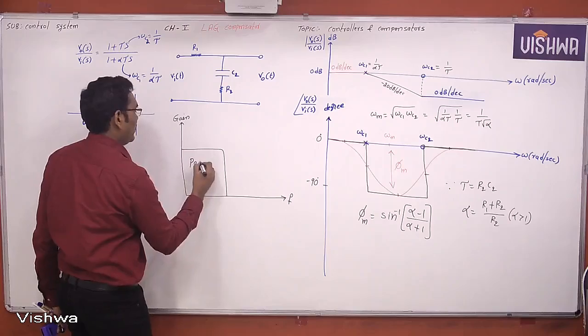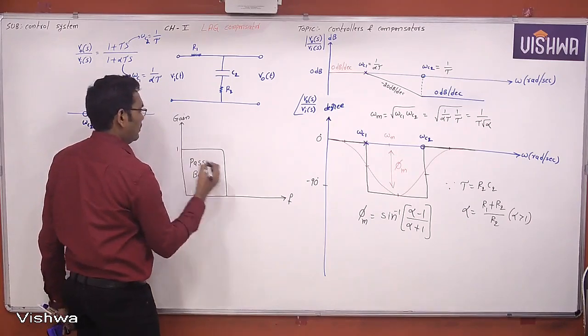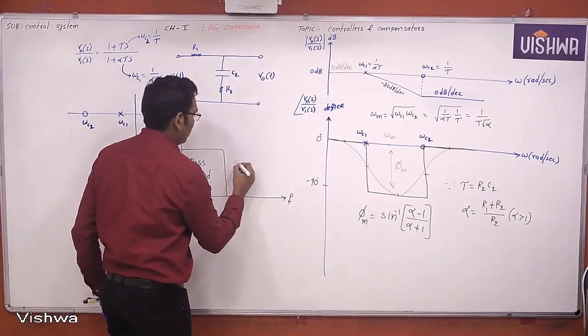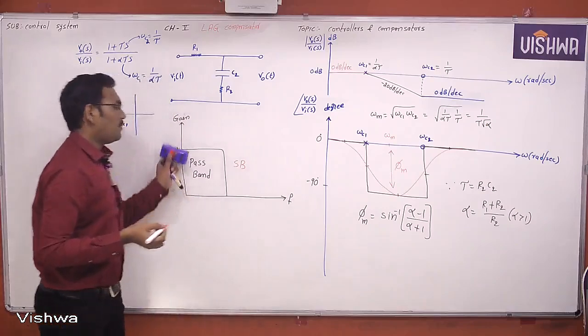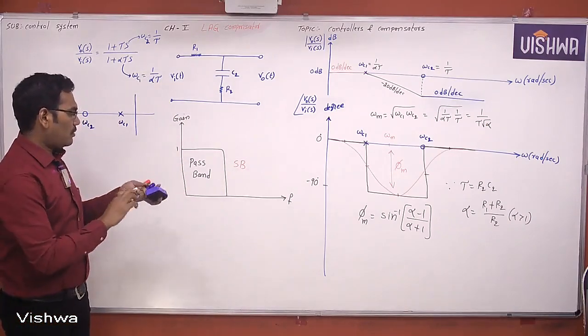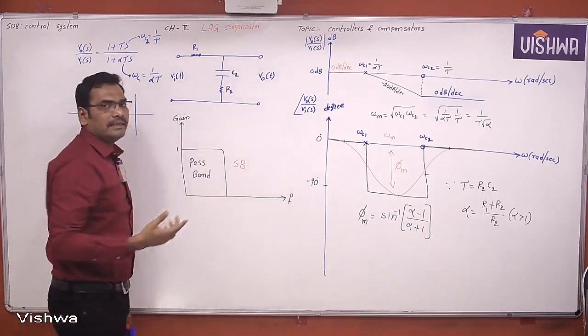This is the pass band multiplied with gain 1 and this is the stop band. The voltage across a capacitor gives 1 by s integrator.